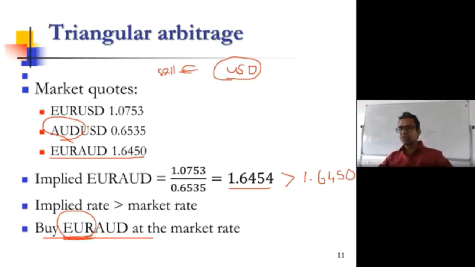So you have bought euro here, and that means you have sold Aussie. Now we have to cover that. So what we do, we sell these euro to buy dollars and use those dollars to buy AUD.